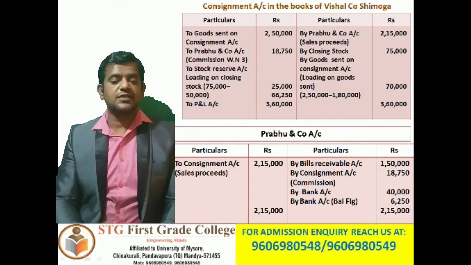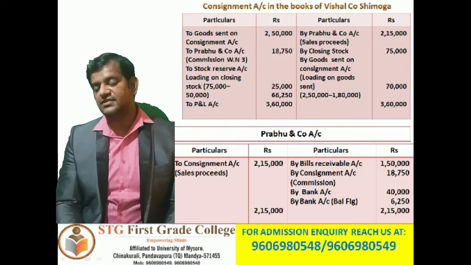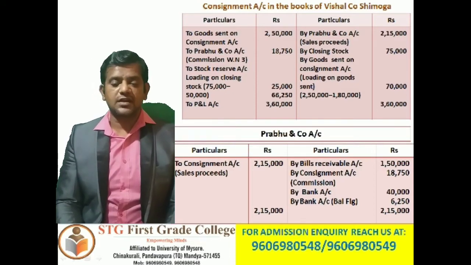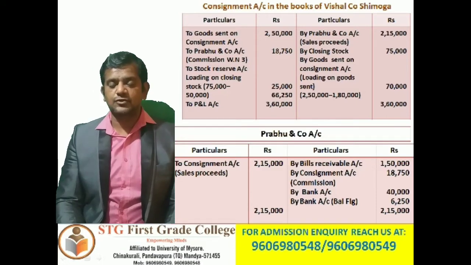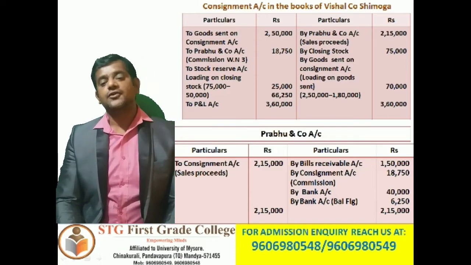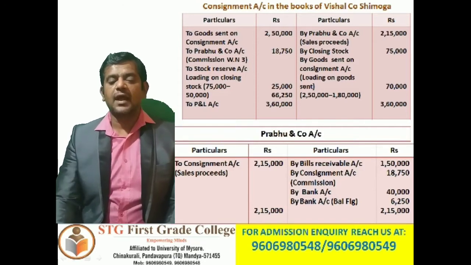So that 40,000 I have entered directly, and whatever the difference is, that is 6,250. So enter it as by bank account, the balancing figure. Both sides total 2,15,000. So we are done with the Prabhu and Company account.